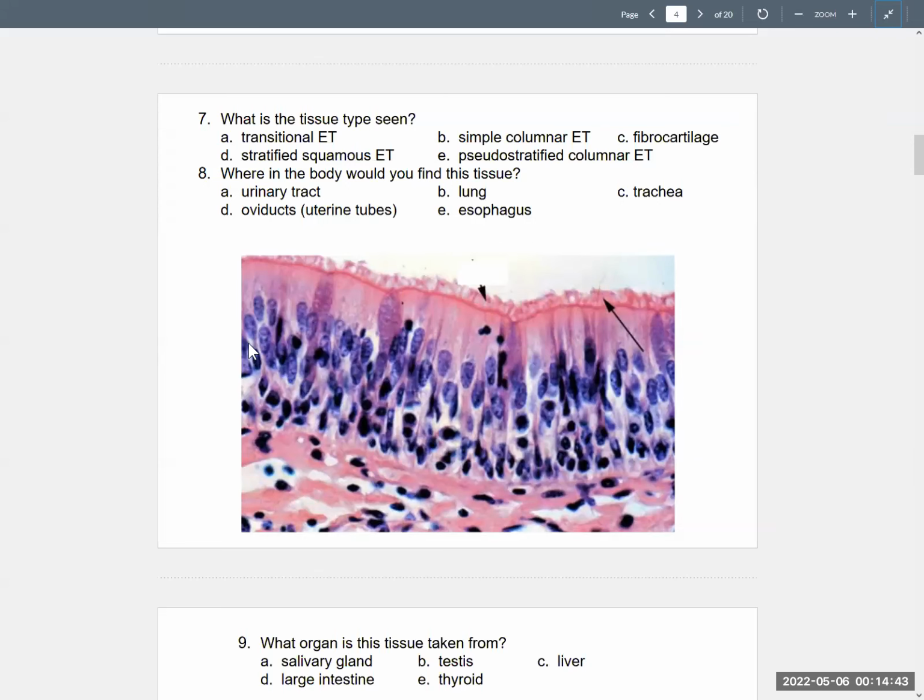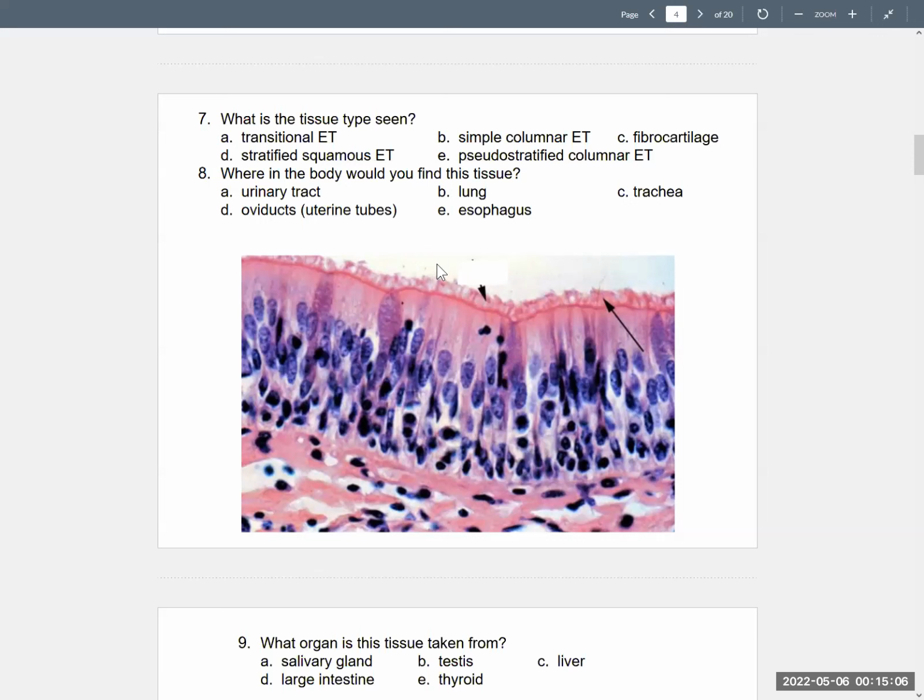Yep, and the word you left out is ciliated, but it's not necessary. The answer doesn't put in ciliated, so that's why he leaves it out. Pseudostratified ciliated columnar epithelium.